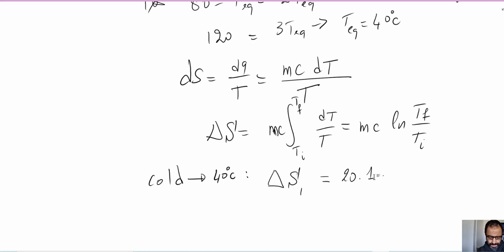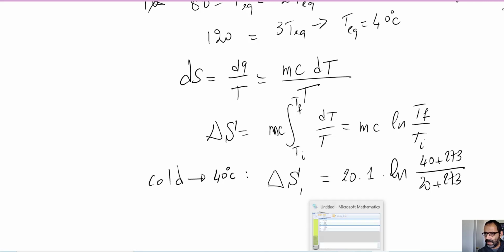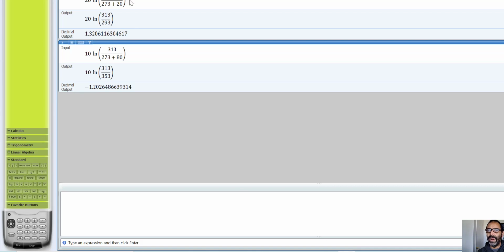Conversion, to find it in the other system. So it's going to be ln of 40 plus 273 divided by 20 plus 273, and this will be a positive number. So let me see if I can quickly find it.